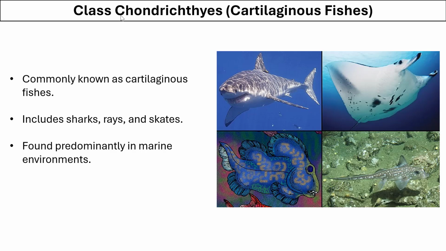The next class under vertebrata is Chondrichthyes. These are cartilaginous fishes. So their endoskeleton is made up of cartilage and not bones. The important examples are sharks, rays, and skates. These animals are predominantly marine in nature.